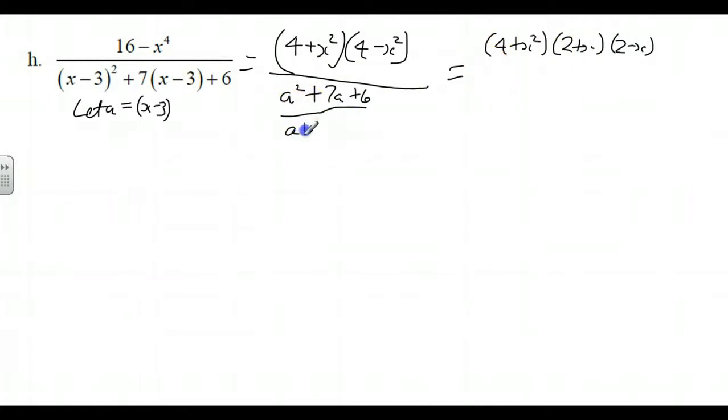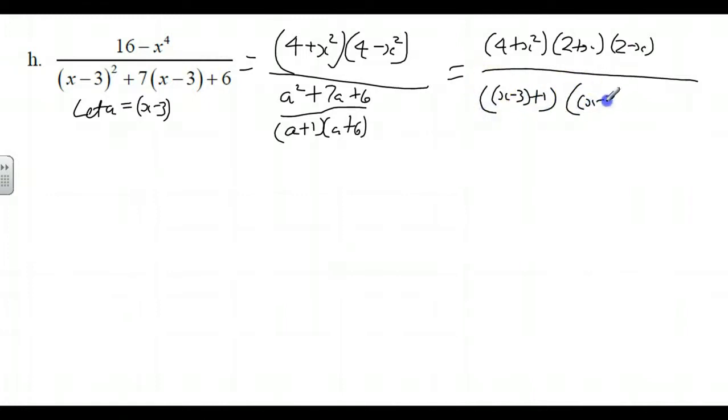So here, let's do this. This is a plus 1, a plus 6. But a is not a, right? So it's x minus 3 plus 1, and x minus 3 plus 6. Okay, keep going. 4 plus x squared, 2 plus x, 2 minus x.